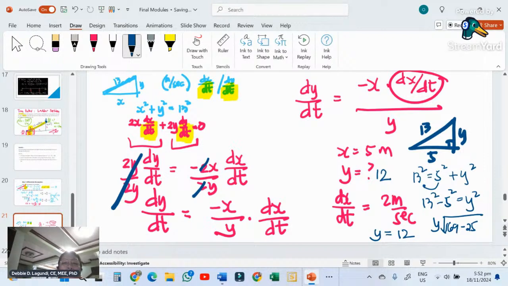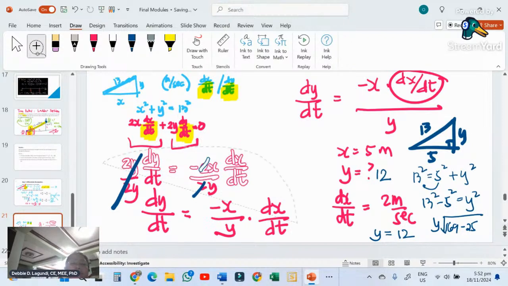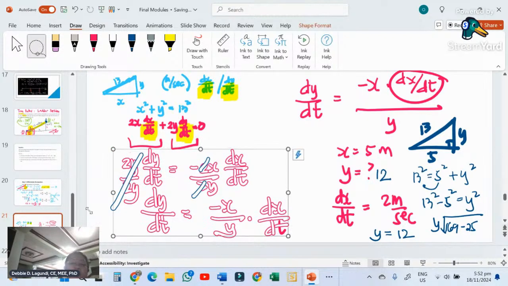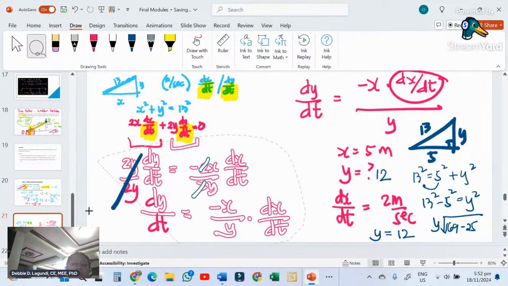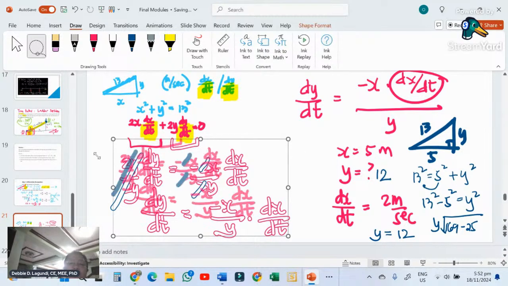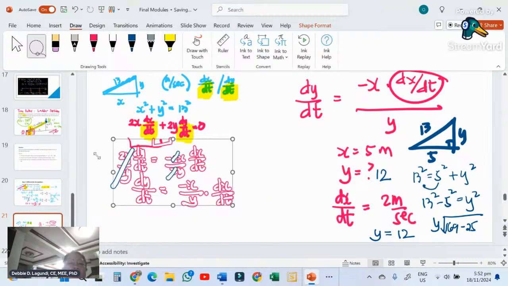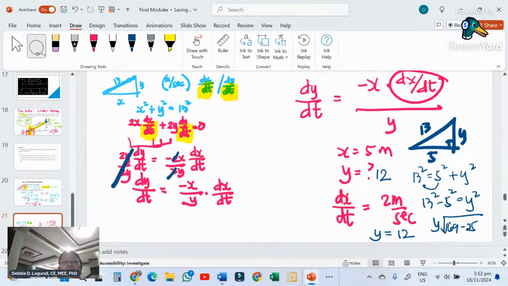Now, let's solve for dy over dt. I'm going live eh. Paano nakapasok yun? Paano nakapasok yun? Huh? Thank you. Because you do not know how to use the slippers. Gagamit sila ng slippers, ilalagay doon right after the door.